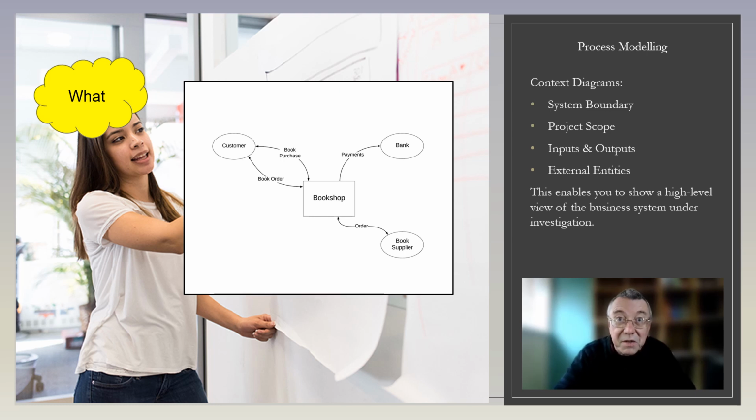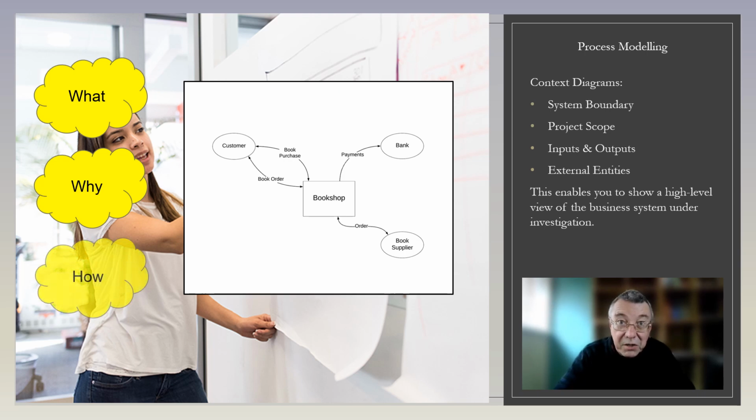You should also understand why we draw context diagrams, to capture a high-level understanding of a business system and key business requirements. Also, very importantly, how to draw a context diagram on a practical level. We've worked through an example, and hopefully you can now apply those skills on real projects.